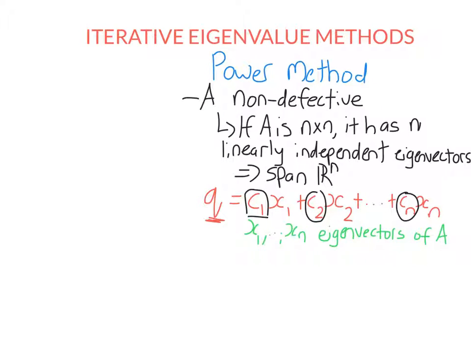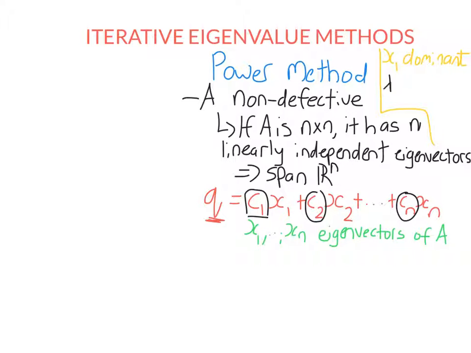You probably realize it doesn't matter the way I order these eigenvectors x1, x2, x3, all the way up to xn. So I'm going to order them so x1 is the dominant eigenvector. The dominant eigenvector means that x1 has the largest associated eigenvalue.